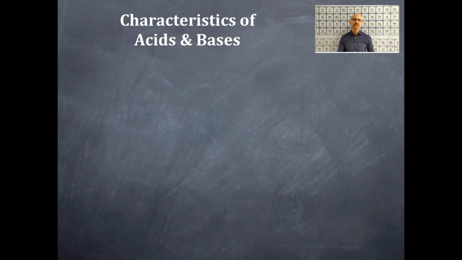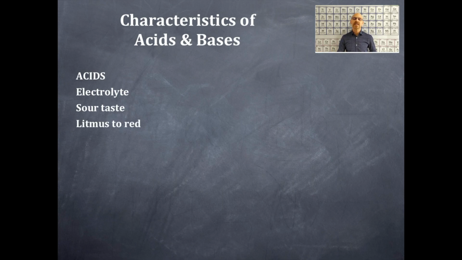Here are some basic characteristics of acids and bases that you need to know. Number one, we're going to cover acids, then we'll cover bases. Acids are electrolytes. They have a sour taste, and hopefully you've tasted a lemon or a lime or something like that. That's a sour taste. Why is it a sour taste? Because it's an acid. It turns litmus paper red.